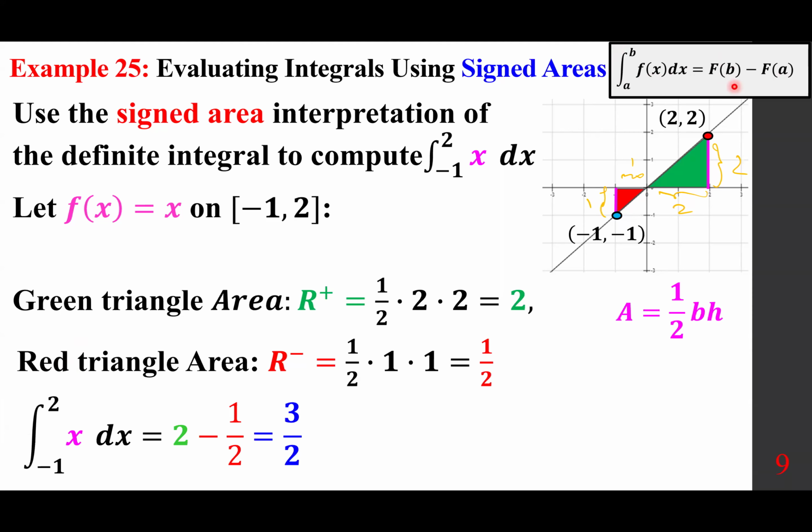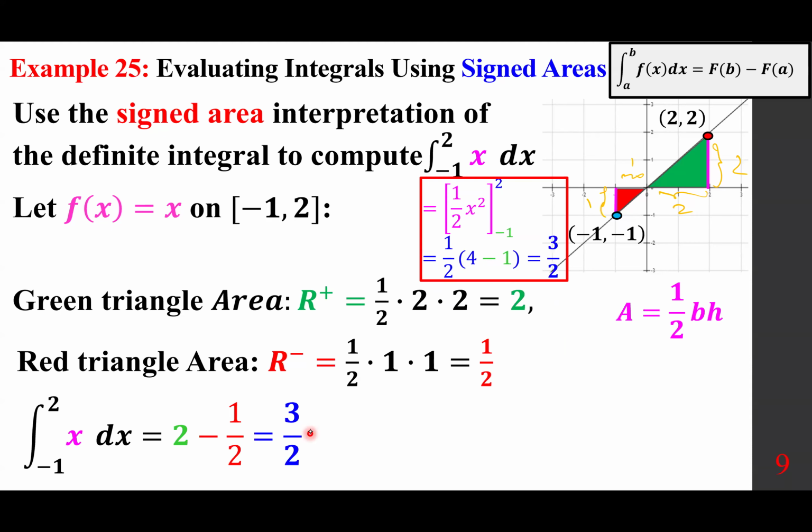So plug in the top minus plug in the bottom. So the antiderivative of x is half of x squared. We're going to evaluate it from the bottom -1 to top 2. So 1/2, if I put 2, 2 squared is 4. If I put -1, squared is 1. So 1/2 times 4 minus 1, and it's absolutely the same answer that we got here.